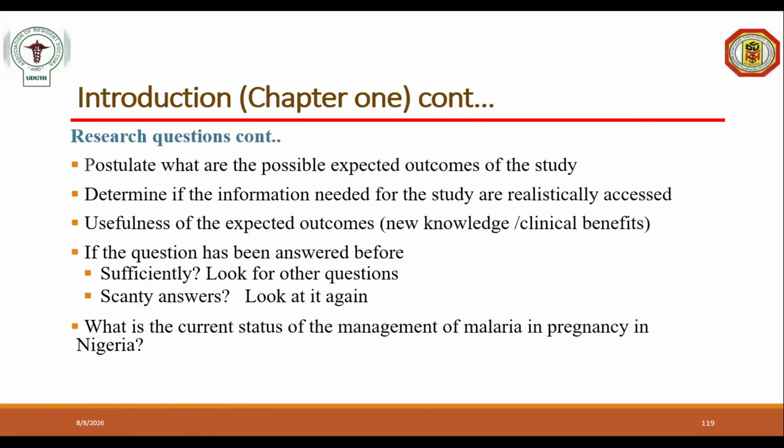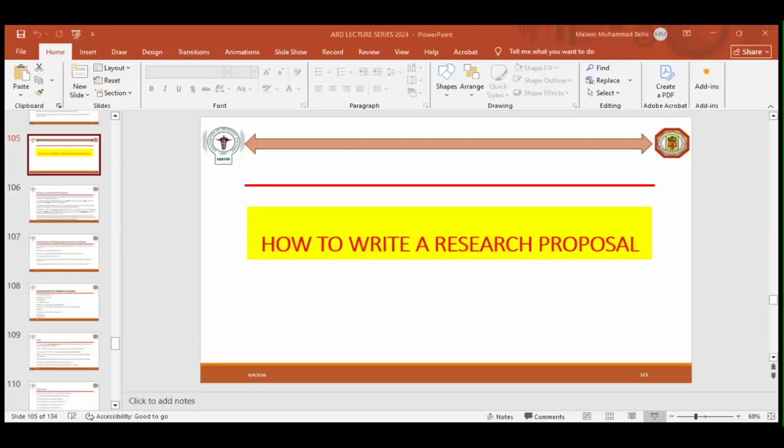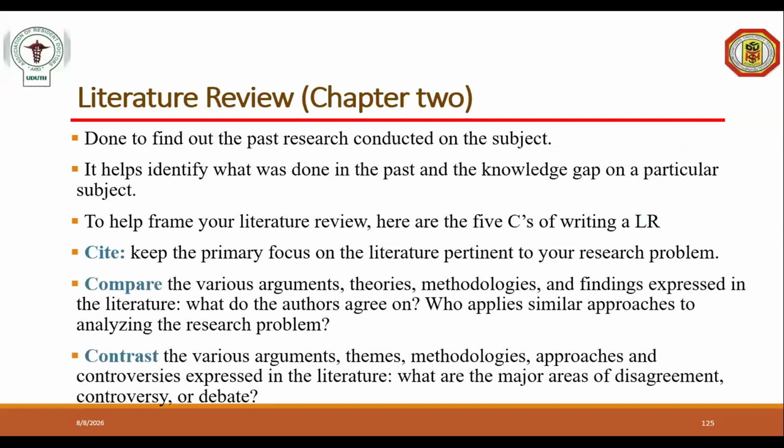So, how to write a literature review in a research proposal. This is done to find out the past research conducted on the subject. It helps identify what was done in the past and the knowledge gap on a particular subject.